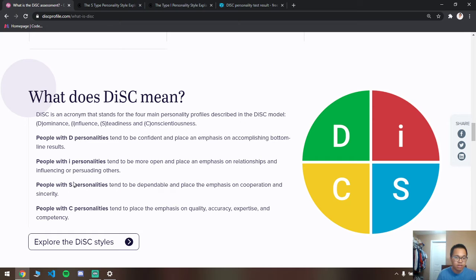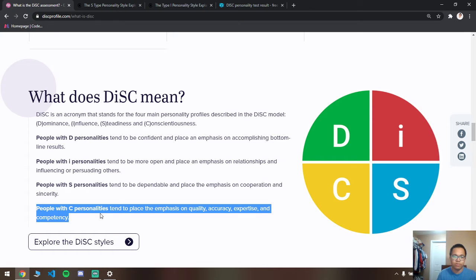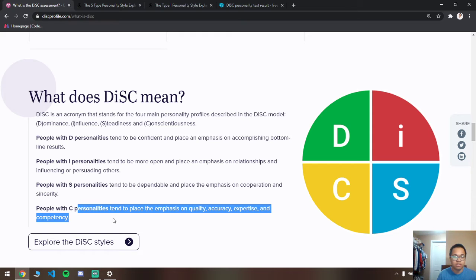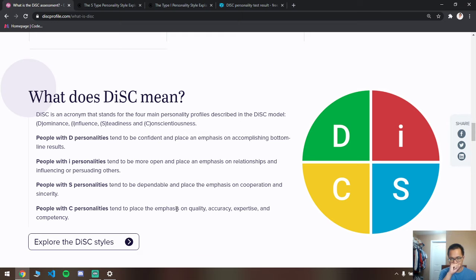Okay, and then my weakest one, I believe, is the C personality, which is the conscientious personality, with emphasis on quality, accuracy, expertise, and competency.